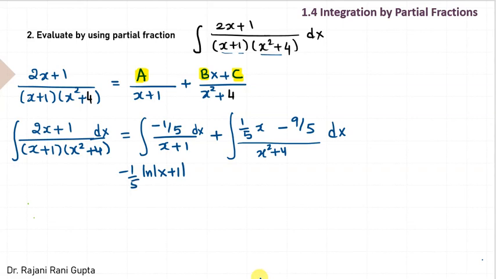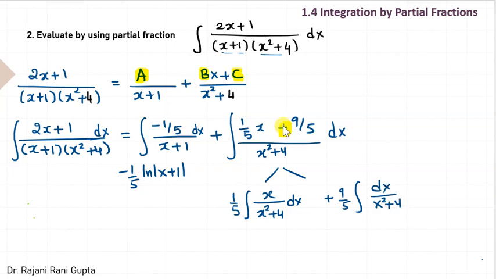The key idea here is that you will see either minus or plus; sorry, it's plus here. So what you are going to do is split it into two parts. You'll have integral 1 over 5, integral of x over x squared plus 4 dx, and in the other place you'll have 9 over 5 integral dx over x squared plus 4.